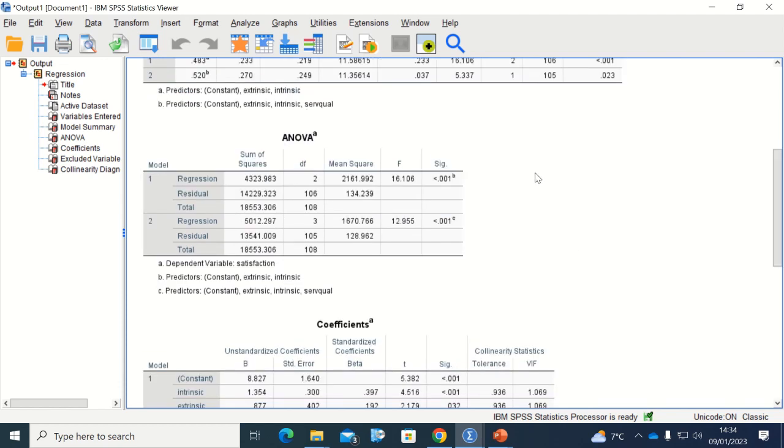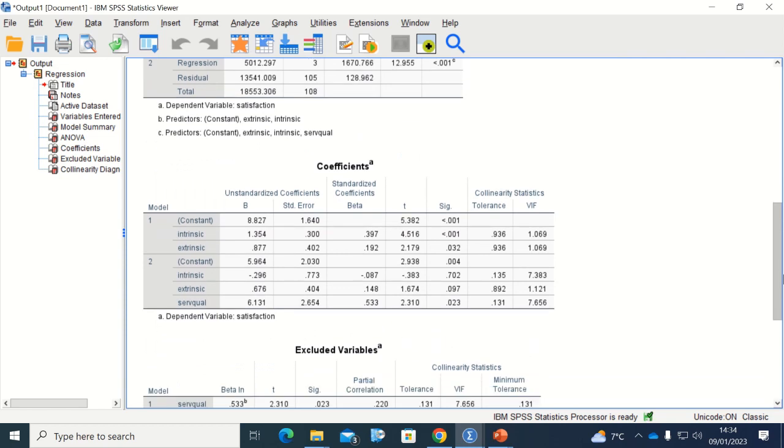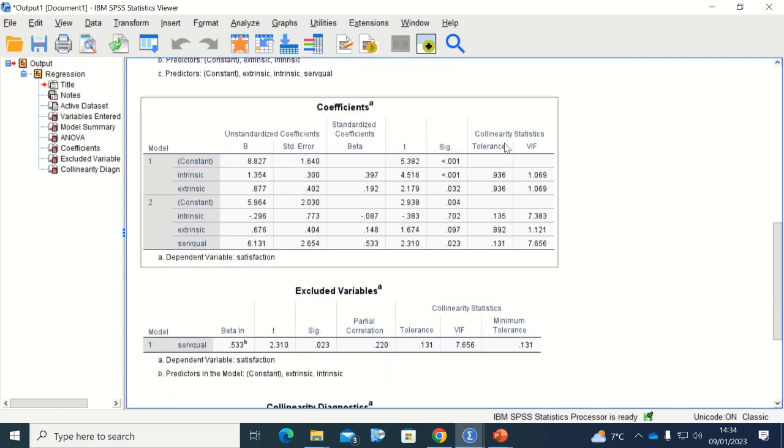As you can see, both regressions are significant, but what is more important is to look at the coefficients. In the first block, both intrinsic and extrinsic are significant at the 5% level, with satisfaction as the dependent variable. Then in the next level, when you add on the serve qual, you notice that extrinsic and intrinsic become insignificant.